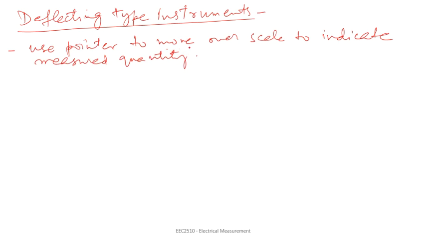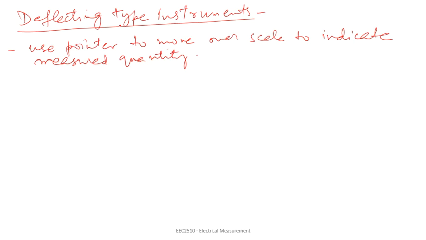Most of the instruments are deflecting type instruments, that is, all of the instruments which we normally use in our day to day activities in laboratories are mostly deflecting type instruments. And they all use this pointer and scale type of arrangement to indicate the measured quantity. So, that is why we must know about the basics of the deflecting type instrument before starting to study the specific type of instruments.